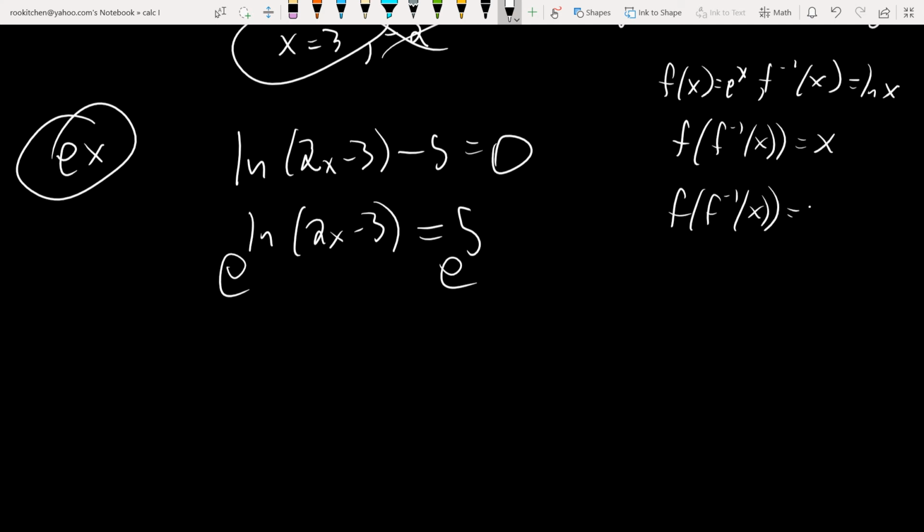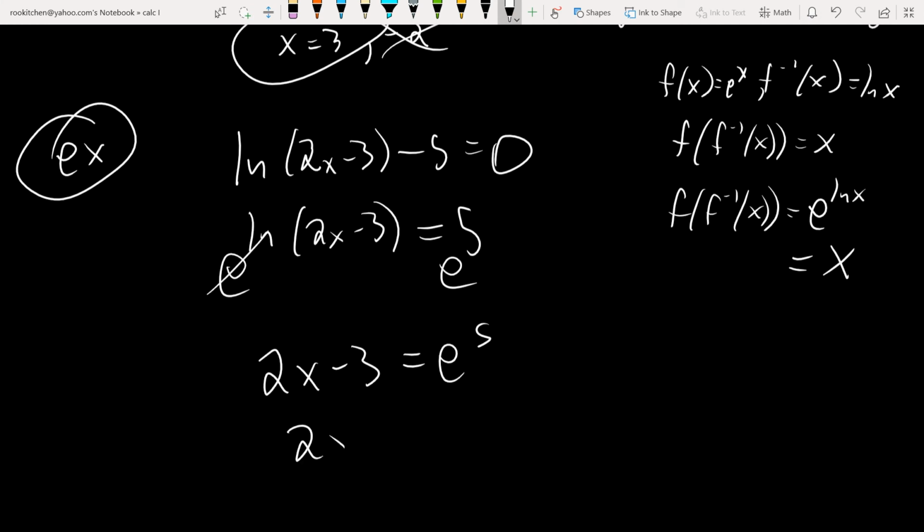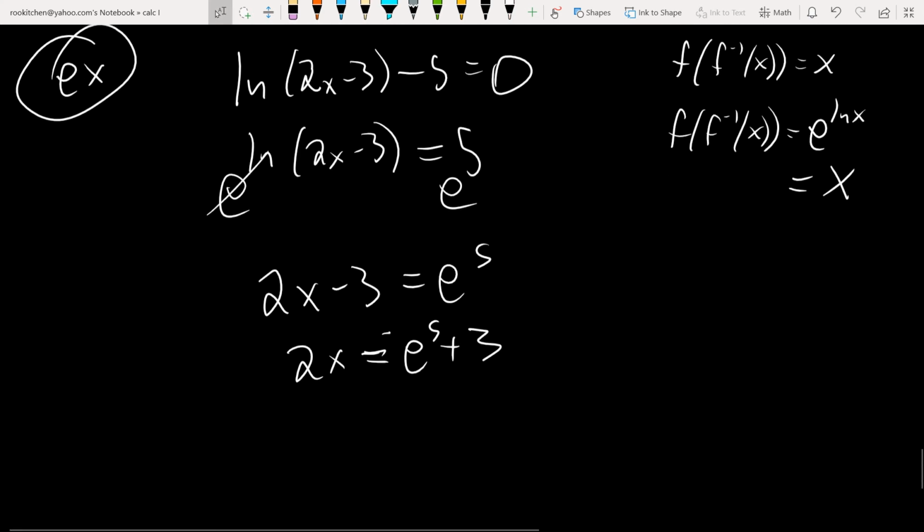Well, that's e to the ln of x. Because they are inverses of each other, that has to equal x. So on the left-hand side, those parts will sort of cancel, and you get 2x minus 3 equals e to the 5th. And then you could solve for x. I'm dividing by 2 finally.